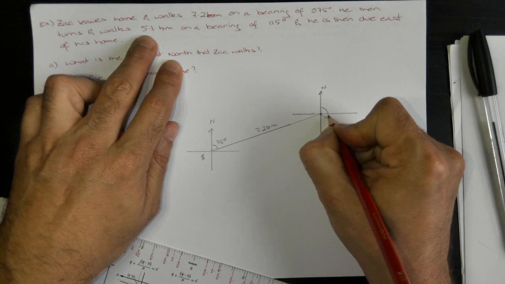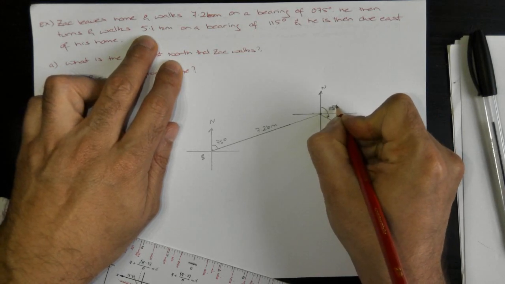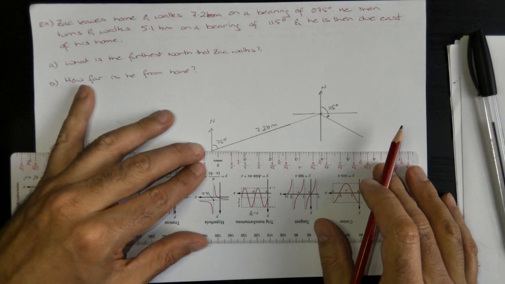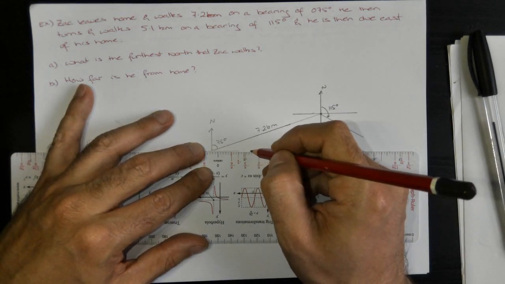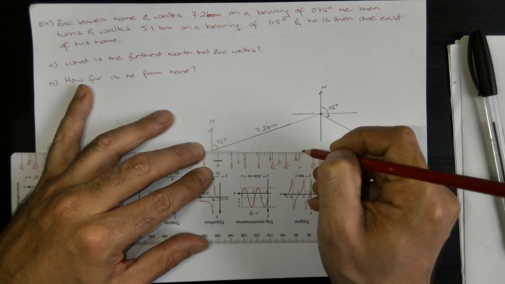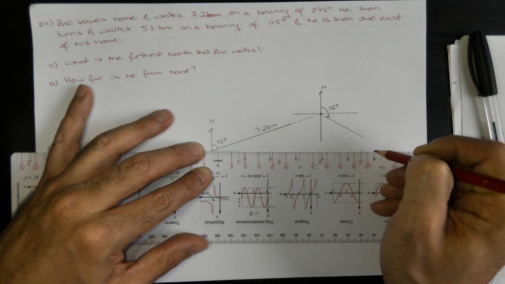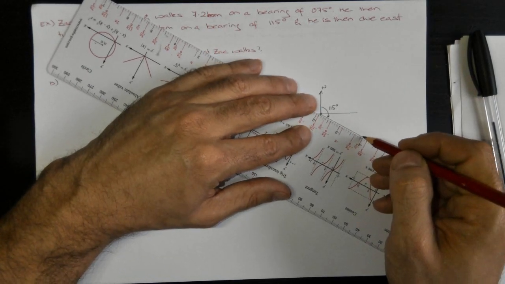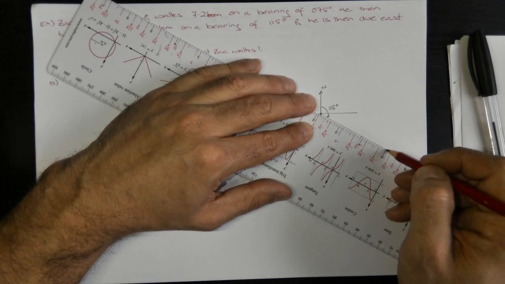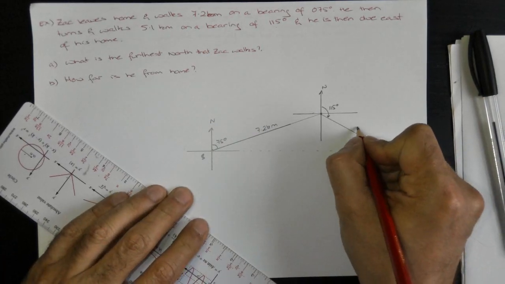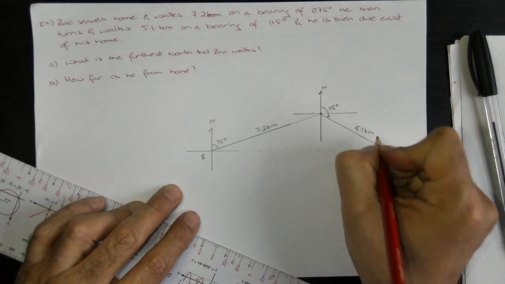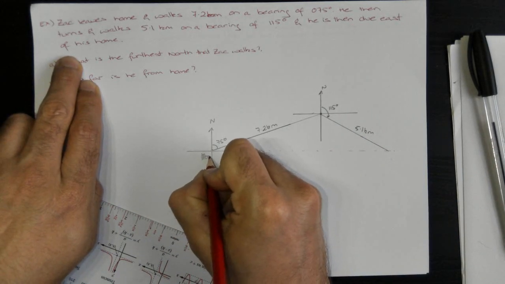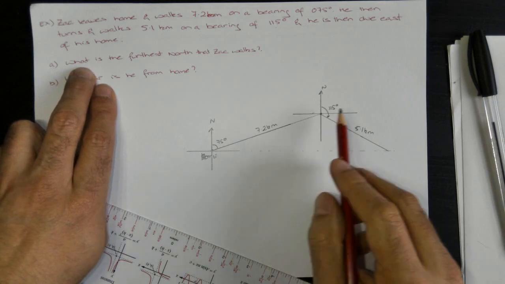So here's the bearing of 115 degrees, 5.1 until he is due east from his home. So that's his home. Okay, and there's my little image.